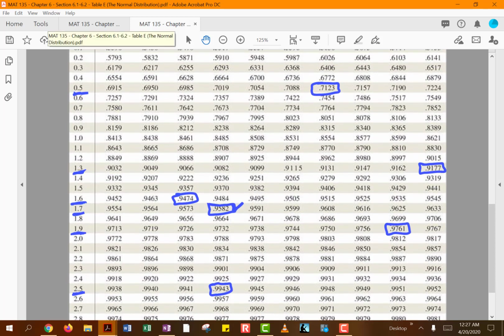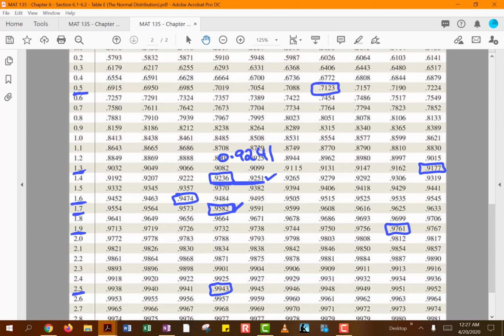Okay, so 0.9241 is going to fall between these two values right here. I've got 0.9236 and 0.9251. You can see 0.9241 is going to be closer to 0.9236 because it is only 5 units away from it. But the other value, 0.9251, is 10 units away from 0.9241.